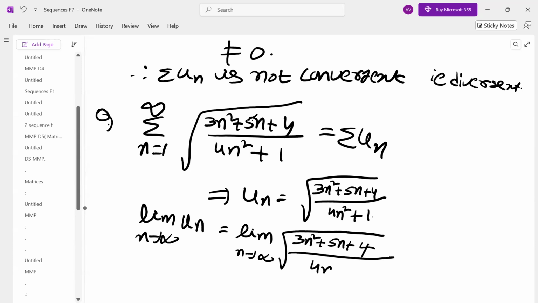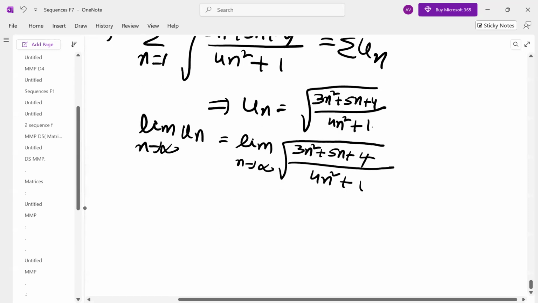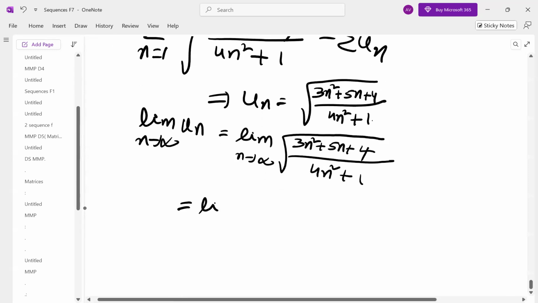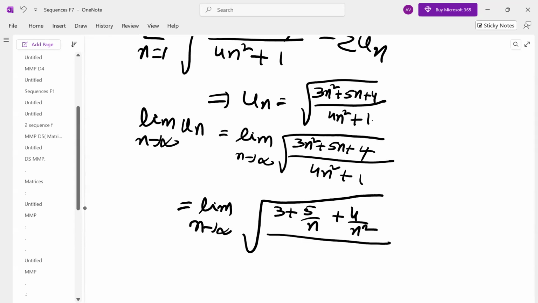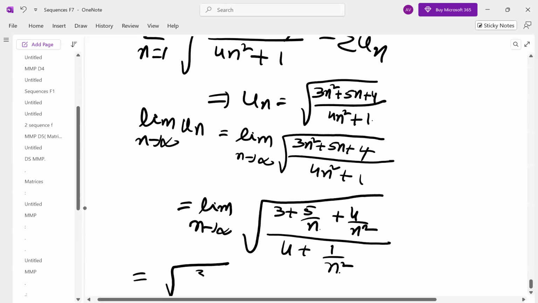As n tends to infinity, divide by n square: 3 plus 5 by n, 4 by n square, by 4 plus 1 by n square. 1 by infinity is 0, 1 by infinity is 0, 1 by infinity is 0. So the limit is root of 3 by 4, which is not 0.